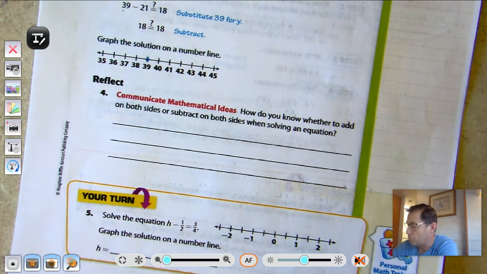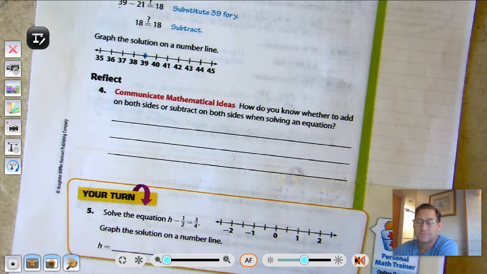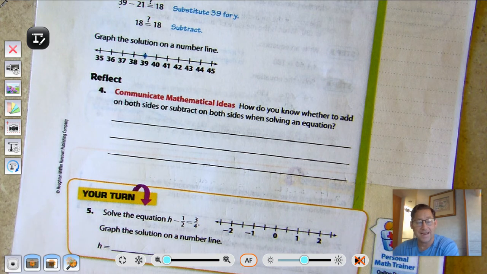So how do you know whether to add on both sides or subtract on both sides? Well, if the equation is an addition equation, you're going to subtract from both sides. If the equation is a subtraction equation, you're going to add.